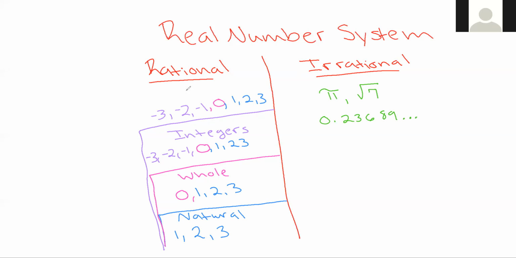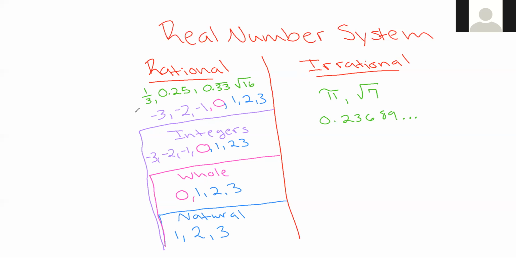But then we also know rational numbers contain our fractions. So we'll just do like 1/3. Contain our fractions, our terminating decimals, so decimals that stop, like 0.25, our pattern decimals, or decimals that repeat, so we can just do 0.33, decimals that repeat, our square roots of perfect squares, like the square root of 16.